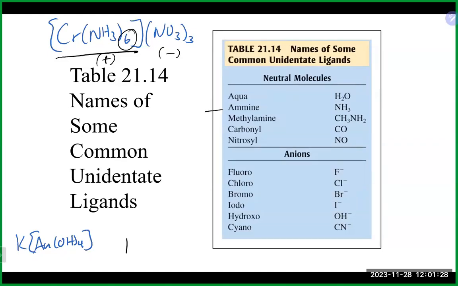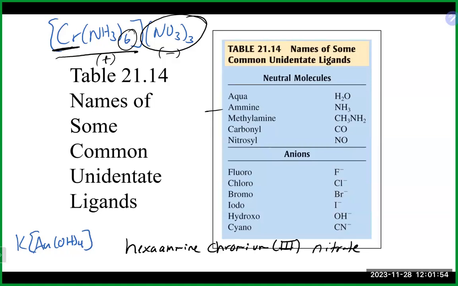Prefix for 6 is hexa. Amine. This is then going to be our metal, which should come at the end of the name of the complex ion. Chromium, Roman numeral 3. And once again, our counter ion, even though we got 3 of them, will just be called nitrate. So that would be hexaamminechromium 3 nitrate.